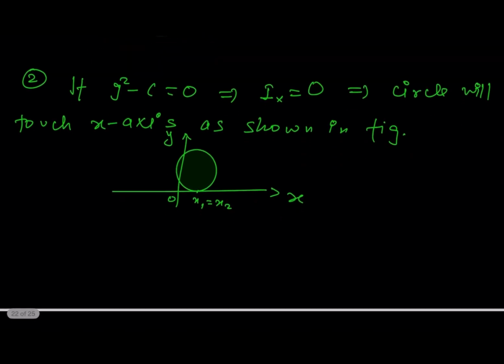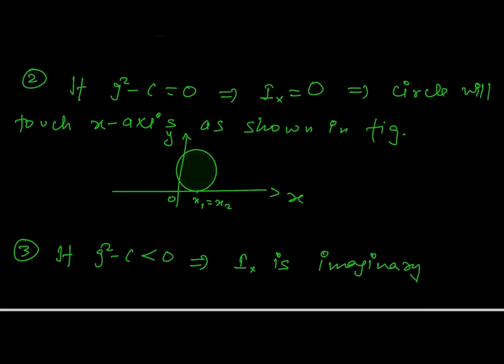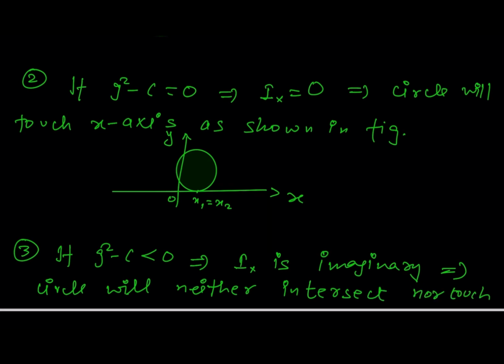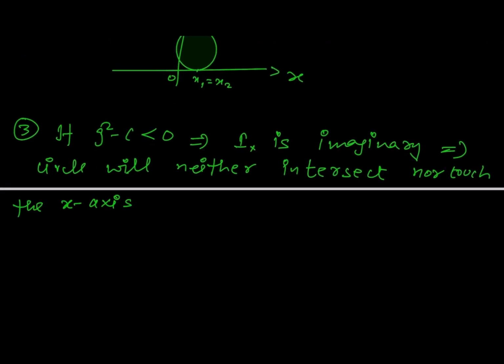Now third point is, if g square minus c is less than 0, then it implies Ix is imaginary because under root quantity is negative, which is not real, of course. So Ix is imaginary, and which implies circle will neither intersect nor touch the x-axis as shown in figure.